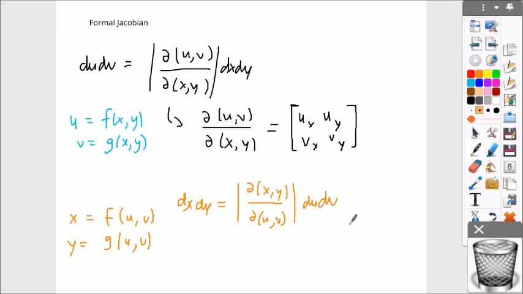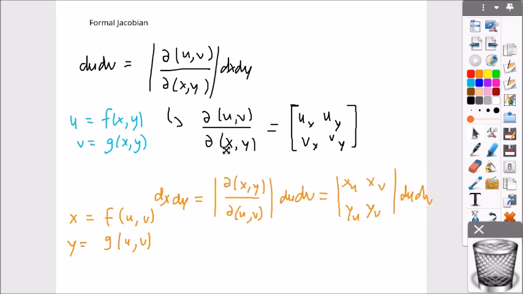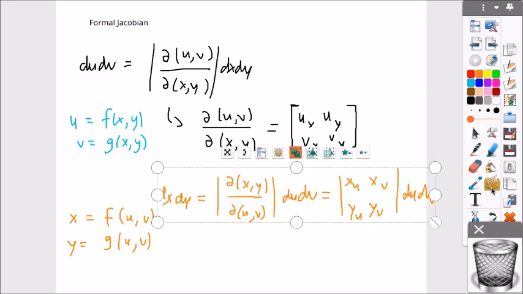So it's a switcheroo, right? So what does this mean? This means it's equal to, instead of u sub x, it's x sub u, x sub v, y sub u, y sub v, du dv. Right? So it's a switcheroo. It's a little bit strange.